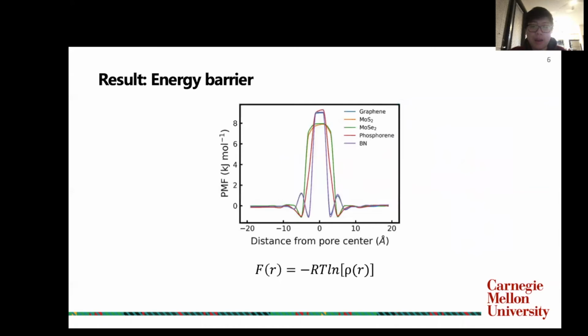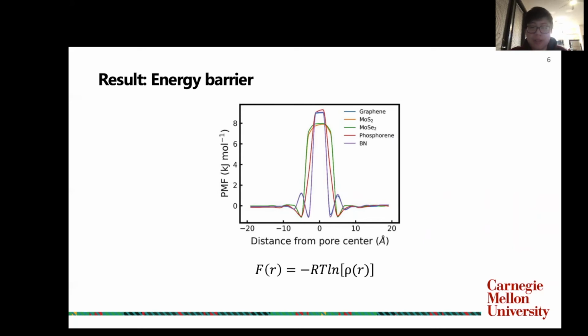Then we also calculated the energy barrier on water molecules when they pass through the nanopore. The potential of mean force, PMF, profile is calculated using the equation shown here. F(r) is the PMF at distance r from the pore center. The capital R is the gas constant, T is the temperature, and rho(r) is the density of water at distance r from the pore center.